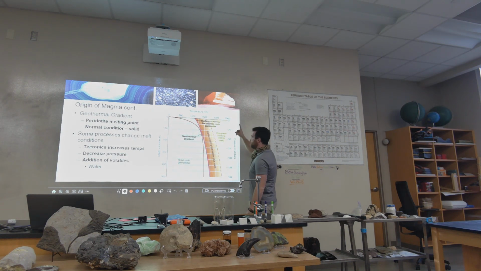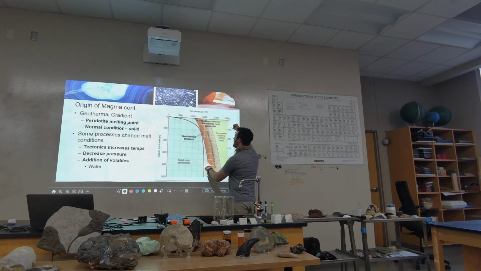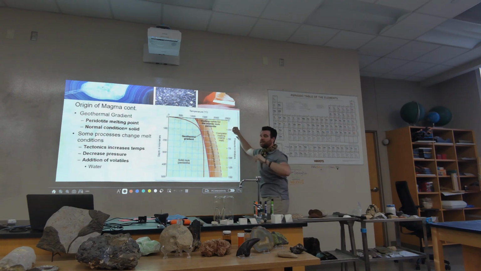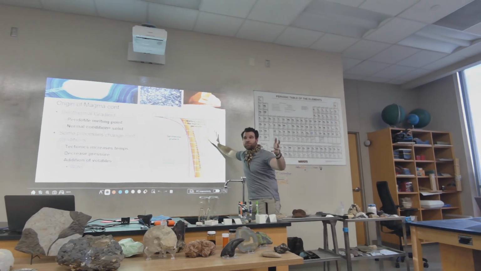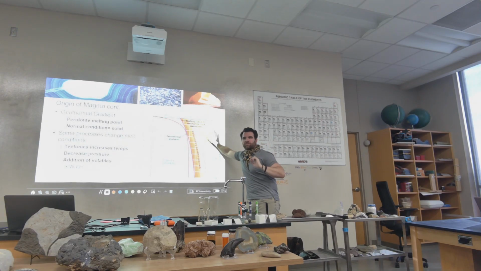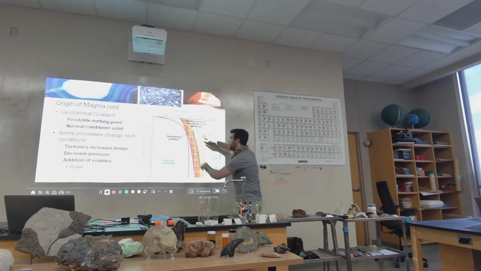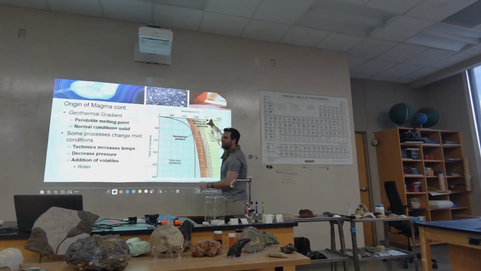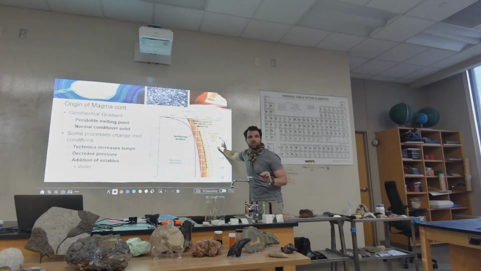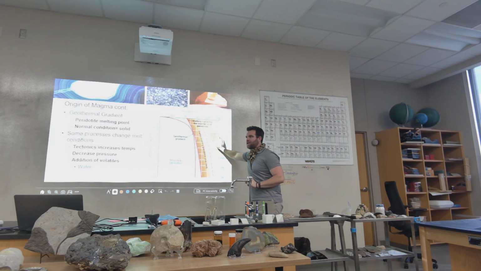Now, notice this purple line is the partial melting point for peridotite, which makes up the mantle. What do you notice about the geothermal gradient and that partial melting point? Do they ever touch? No, they come real close, but they never actually touch each other, which is why the mantle is always solid.